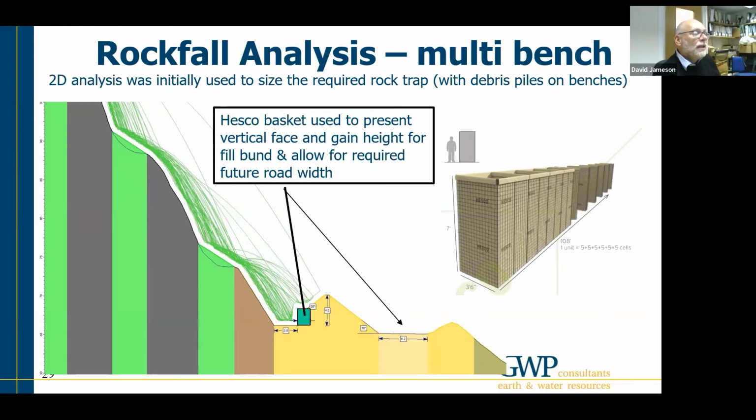So the trap can be formed fairly rapidly and flexibly, within a day for a 50 or 60 meter section. You can see that the initial design had a steep inner slope and a section of the upper slope, which allowed for incident to try and contain the blocks which might overtop numerous benches or the intermediate benches.